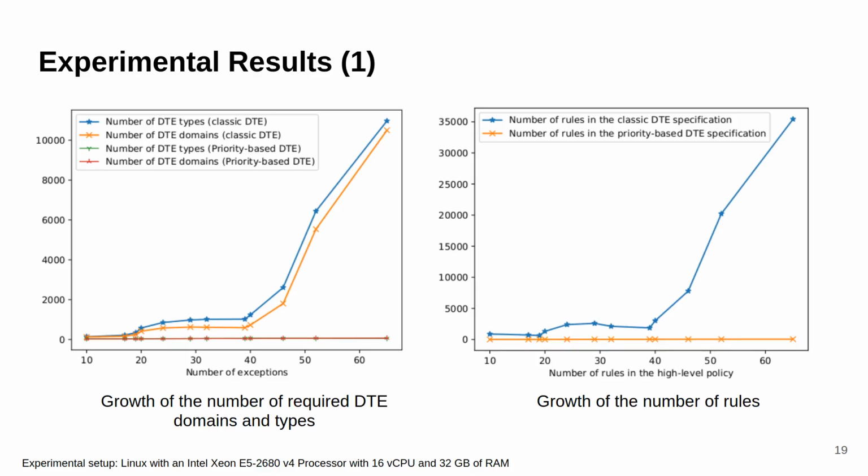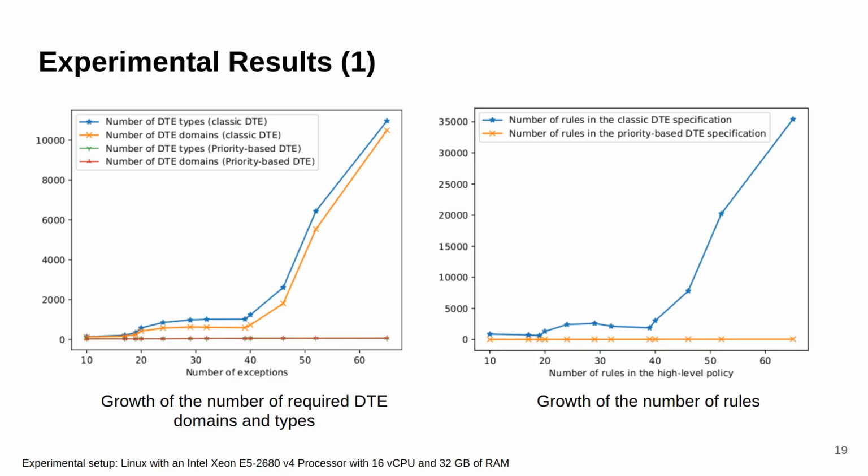As you can see, when the number of exceptions grows by a factor of 6, the number of DTO domains and types grows by a factor of 2 for the priority-based DTO, while growing by a factor of 192 in the case of classic DTO. The figure on the right compares the number of rules in the classic DTO specification and in the priority-based DTO specification as a function of the number of rules in the policy to be deployed.